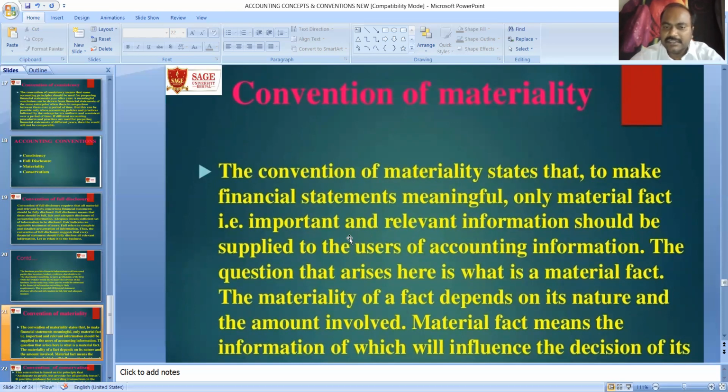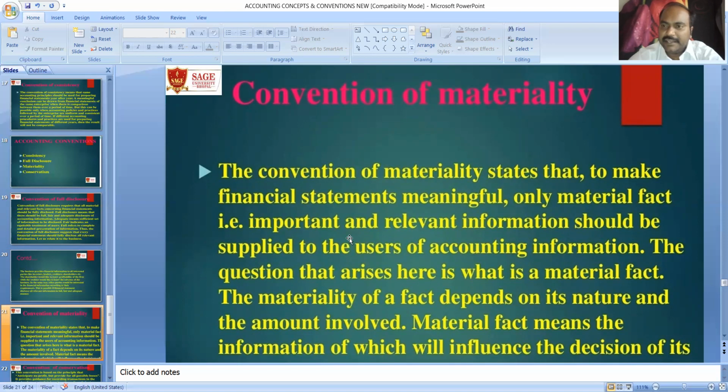The material fact depends on its nature and the amount involved. Material fact means information which will influence the decision because of its importance. Because unless it is disclosed clearly and legibly, it will not be treated as full and clear.